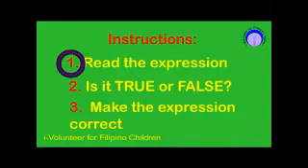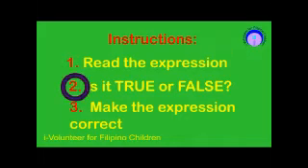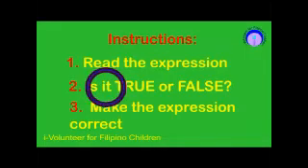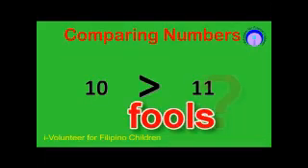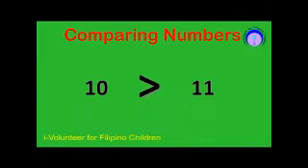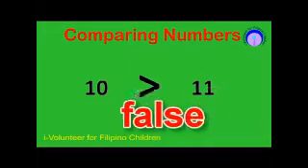Number 1. Read the expression. Number 2. Is it true or false? The pronoun "it" refers to the expression. The answer is false. It should be answered as "the expression is false."